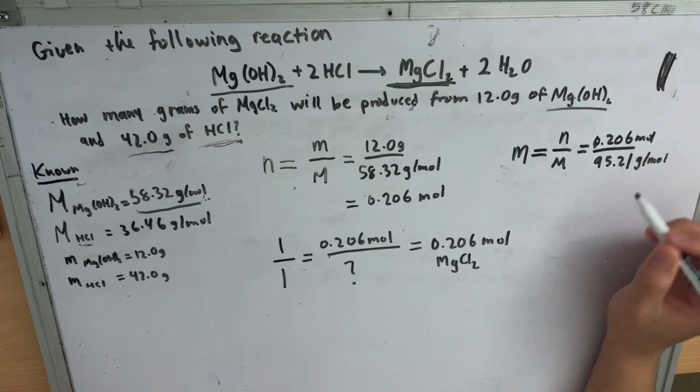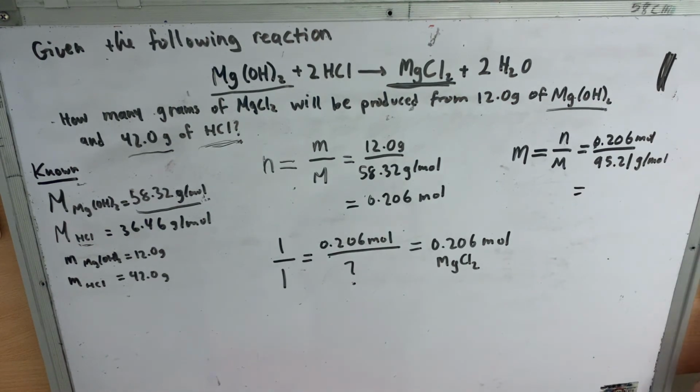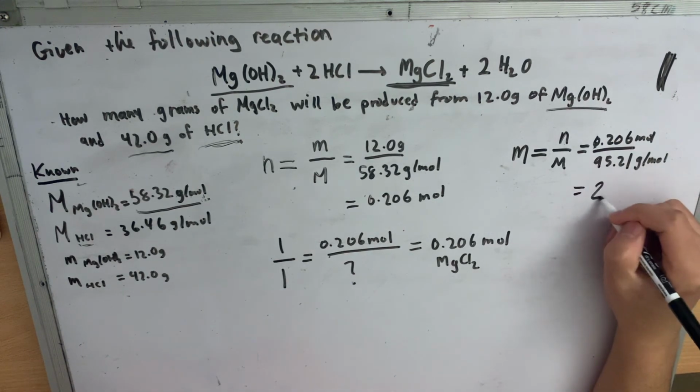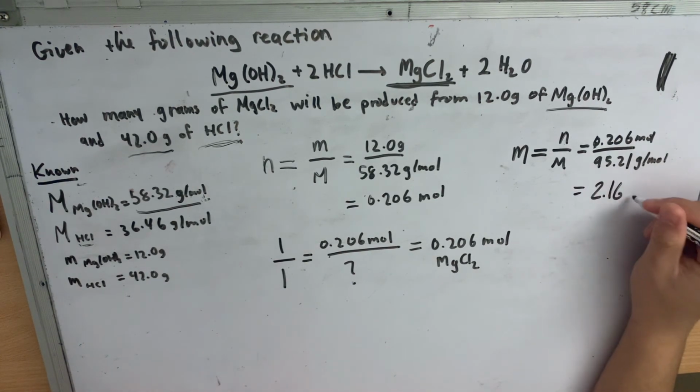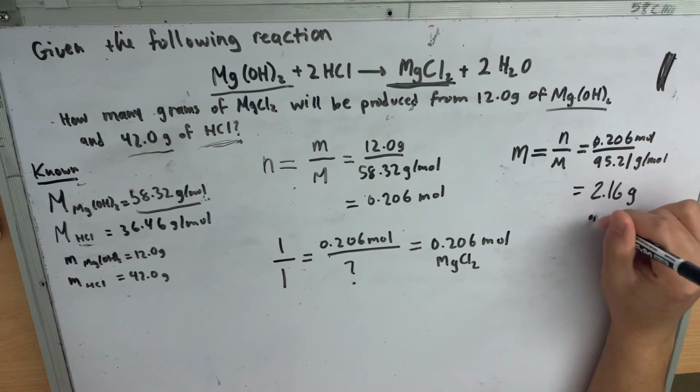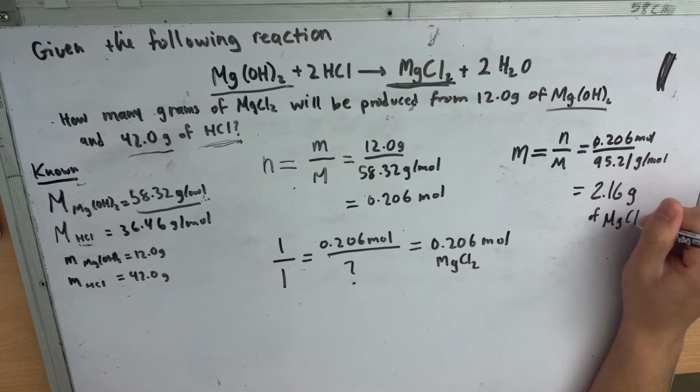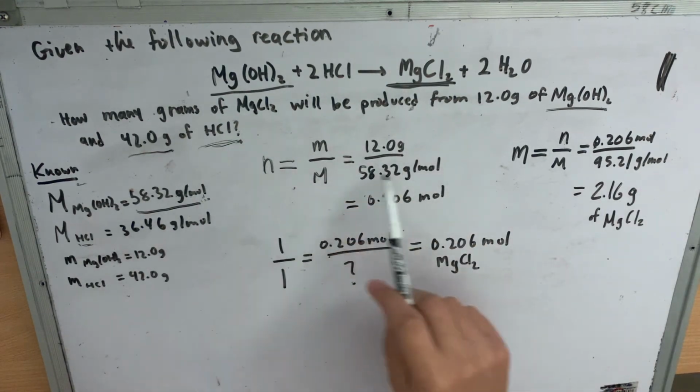Moles cancel out and we end up with 19.6 grams of MgCl2 produced from this reaction.